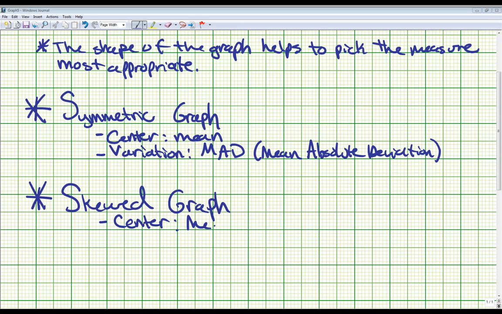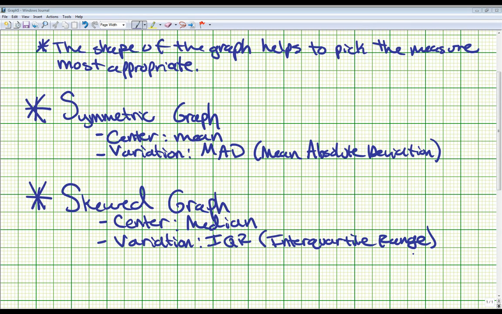We're going to pick the median. And if we're trying to figure out the variation of a graph that's skewed, how spread out or close together things are, we're going to use the IQR. And remember, that's an abbreviation for interquartile range.